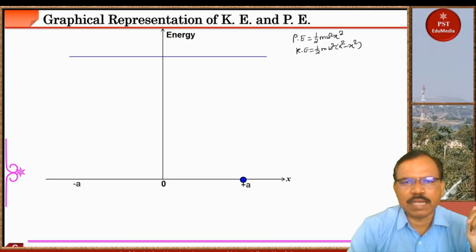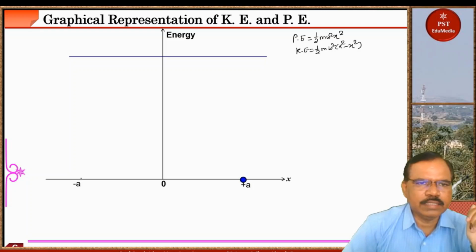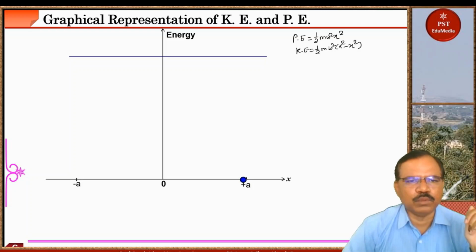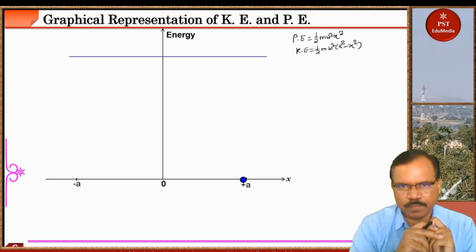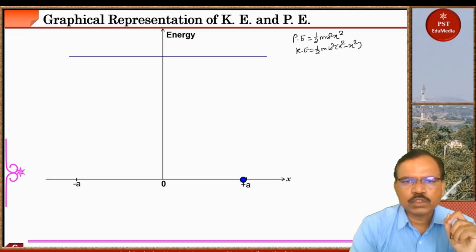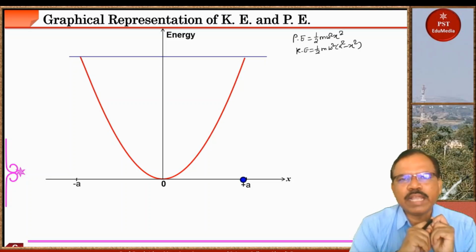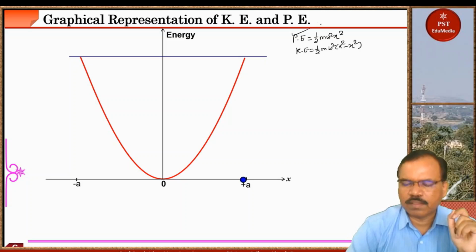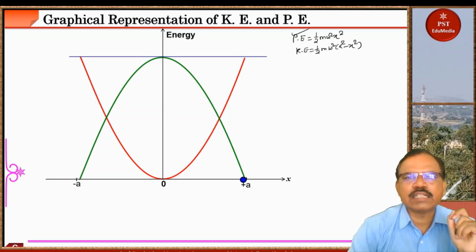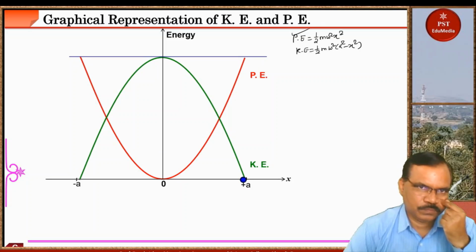So suppose we take a particle, and these are extreme positions plus a and minus a. That blue ball is the particle. So this is the potential energy curve, and this one is the kinetic energy curve.